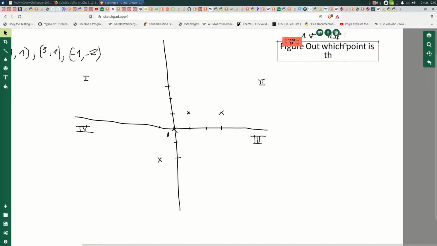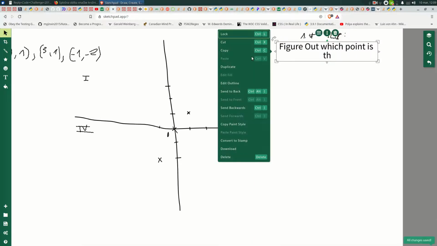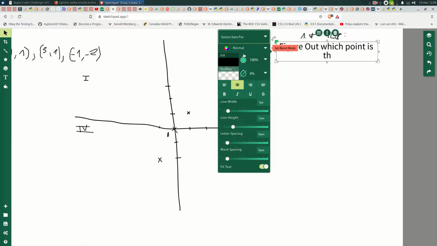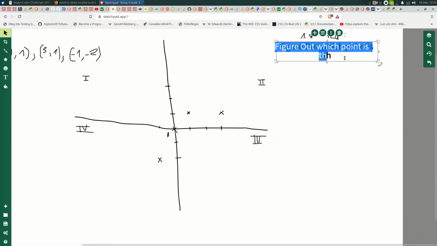No. Options, styles, line height. Where is the size of the text, man?